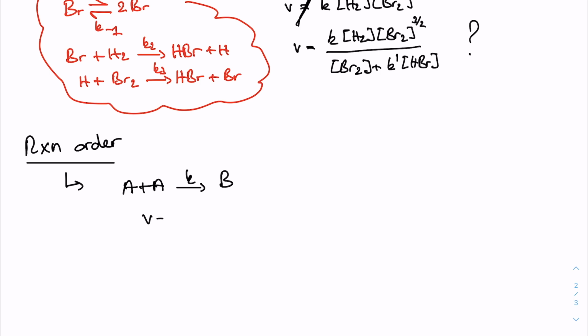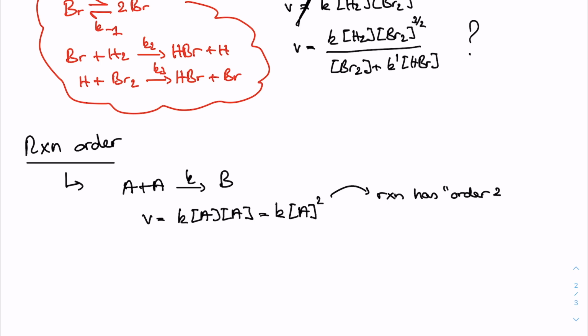So the rate V will be K times A squared, right? So what you would say is the reaction has order 2 in A.